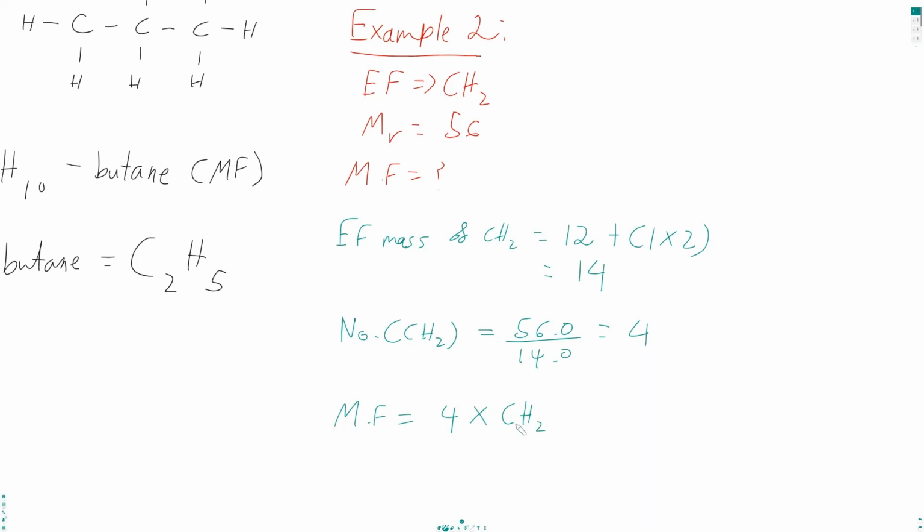Imagine there's a little 1 there, so 4 times C1H2, but we don't write the 1: 4 times 1 is C4, 4 times 2 is H8. So that is our molecular formula, and this in fact is butene, our mystery compound.